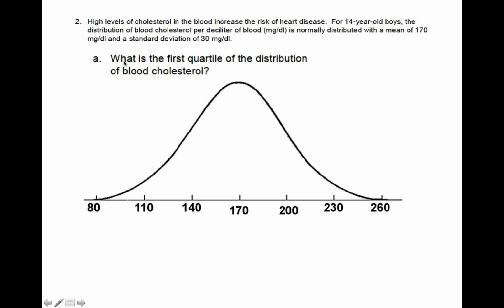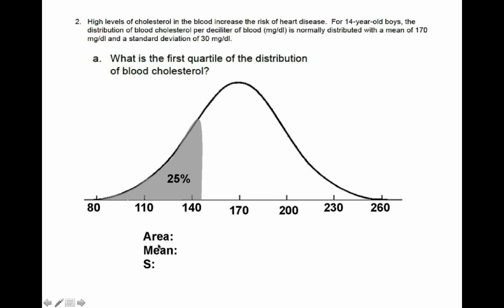Part A says, what is the first quartile of the distribution of blood cholesterol? So first quartile, remember a quartile is 25%. Since it's the first one, it's the bottom 25%. So we're going to kind of shade the bottom 25%. Since you're given a percent, it's inverse norm.